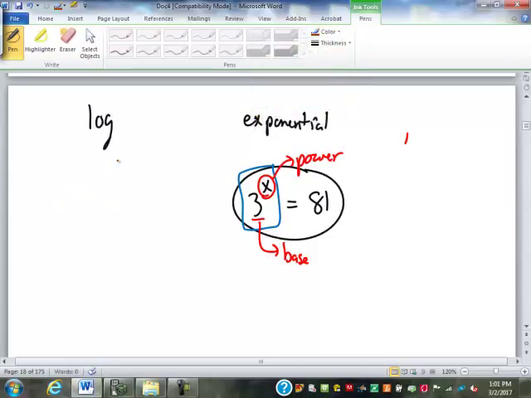So the log equivalent of that, the base of the log is the same as the base of the exponent. So the base of the exponent is 3. The base of the log is also 3. What changes places are the other two numbers. So log base 3 of 81 is x.